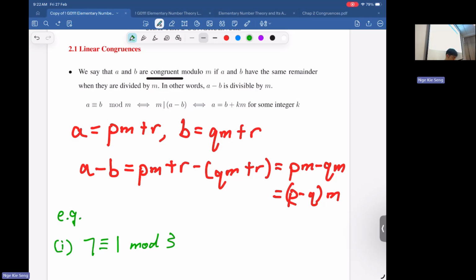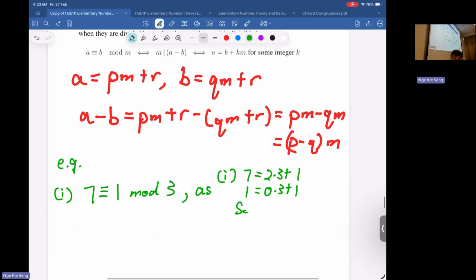So why are they the same? There are a few ways to check it. First way is to use the definition, because 7 equals 2 times 3 plus 1, and 1 equals 0 times 3 plus 1. So 1 and 7 have the same remainder 1.